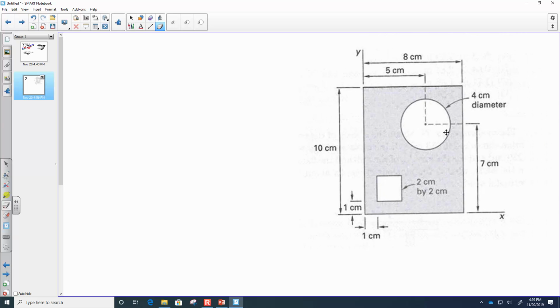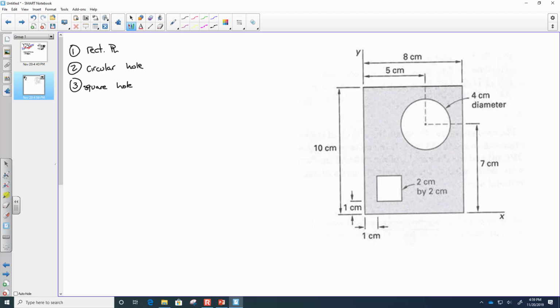All right. Break out the centroid calculation. So shape 1, shape 2, shape 3. Shape 1 is the rectangular plate. Shape 2 is the circular hole. Shape 3 is the square hole.